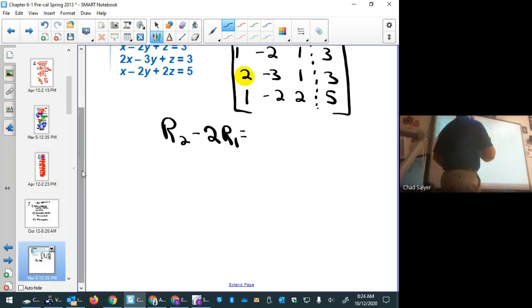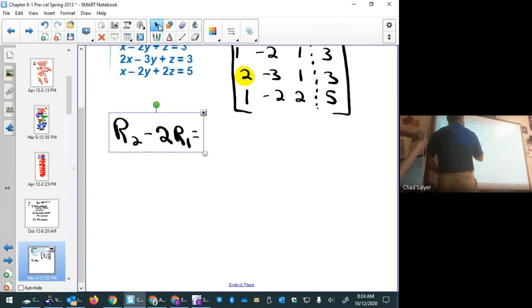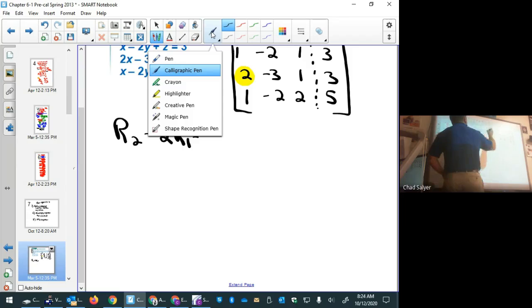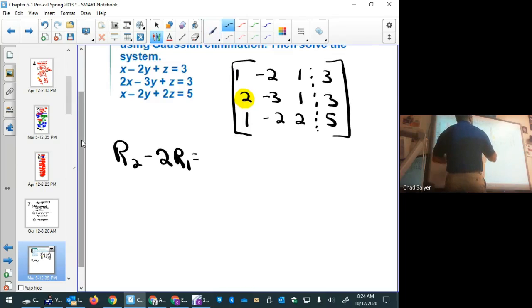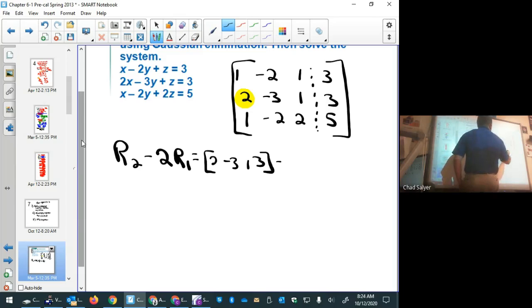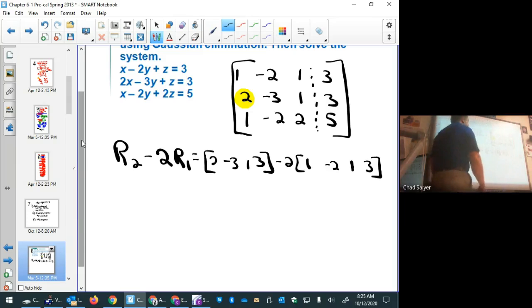So row 2, and you have to remember your matrix operations here. We're going to turn row 2 into its own little matrix for the purposes of this. So row 2, subtracting away 2 times row 1, using the third rule for row operations.